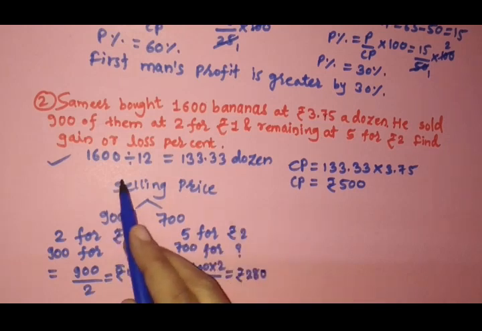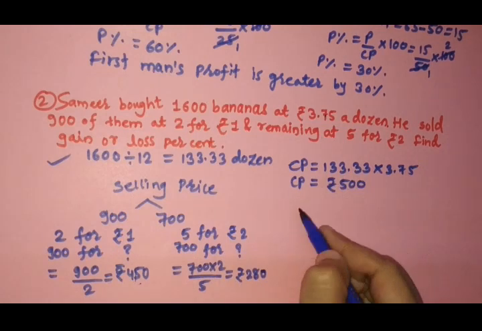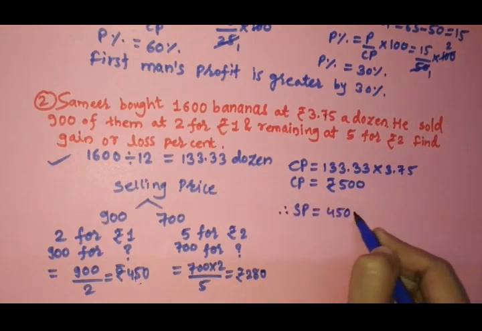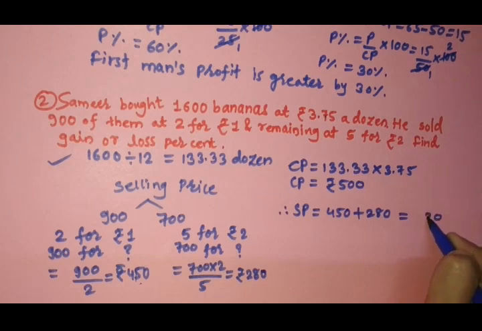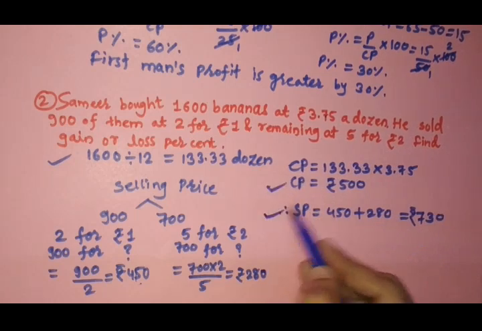So when Samir is selling these bananas, he is performing the transaction in two ways, first for rupees 450 and another for 280. Therefore friends, selling price will be 450 plus 280, which is nothing but 730 rupees. So now I got CP, now I got SP.